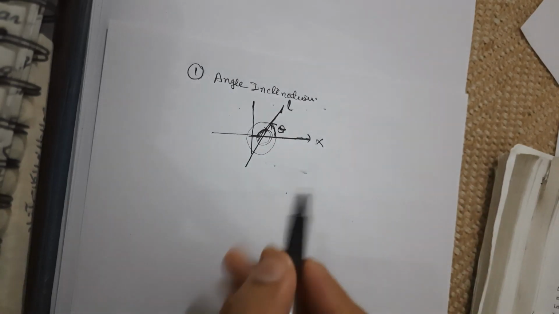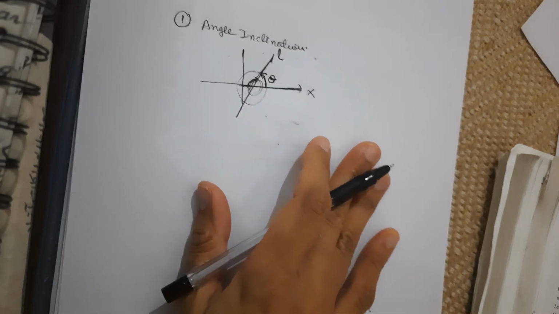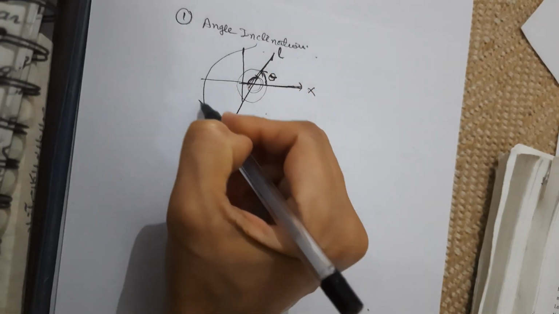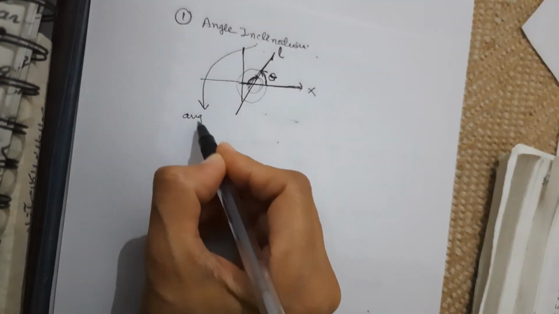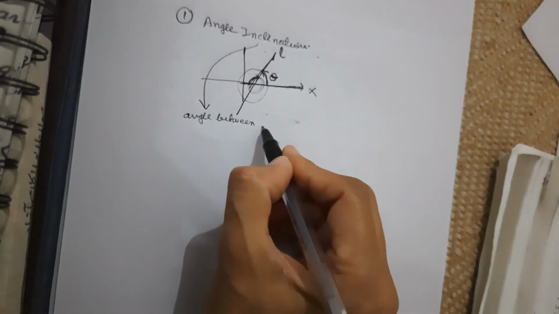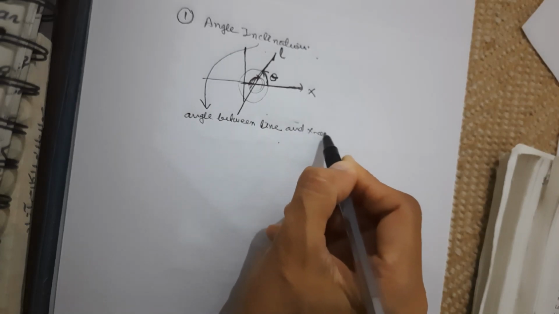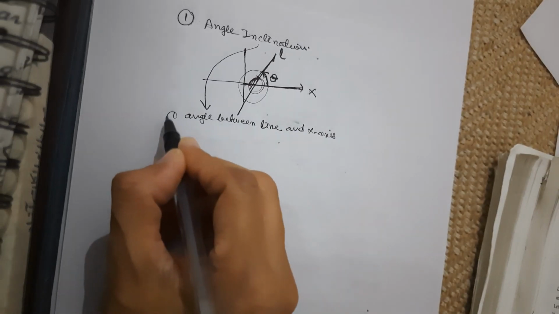So remember the fact that angle of inclination is the angle between the straight line and the x-axis. First fact.